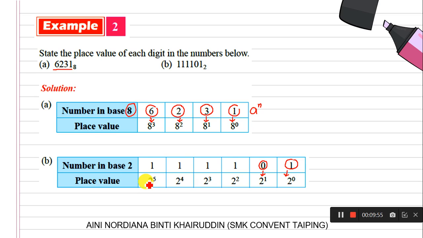Okay, very easy. The place value depends on the base. If base 8, then it starts with 8 to the power of 0. If the number is in base 2, then it starts with 2 to the power of 0. So this is place value. I hope you understand about this place value.